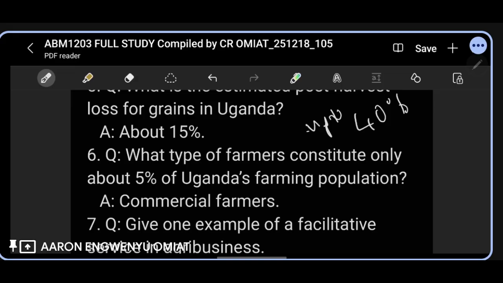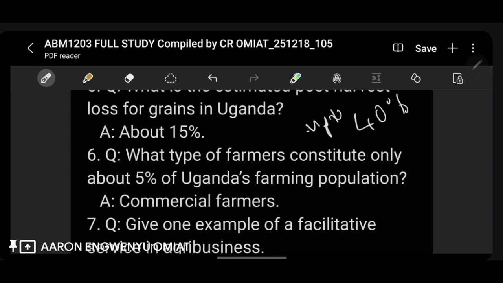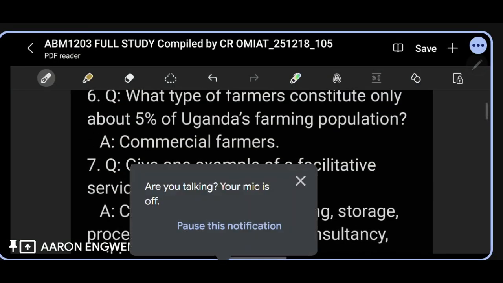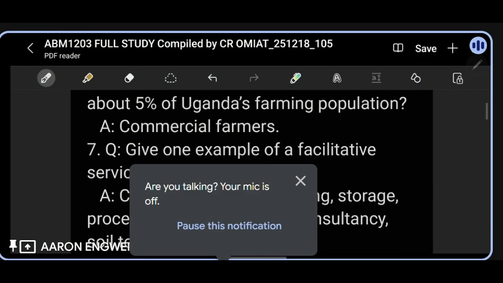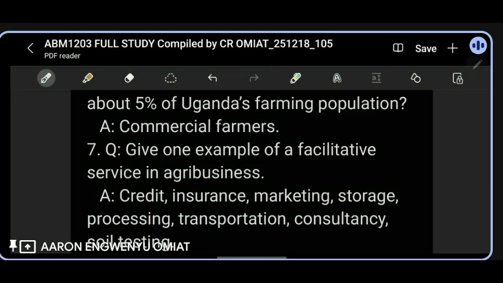Facilitative service, I would put that under the import sector, where you see guys like supplying maize grains to farmers. Okay, thank you. So it's right. Every process basically outside the actual production is facilitative, from credit, insurance, marketing, storage, processing, transportation, consultancy, soil tests, research, even education. All of this.